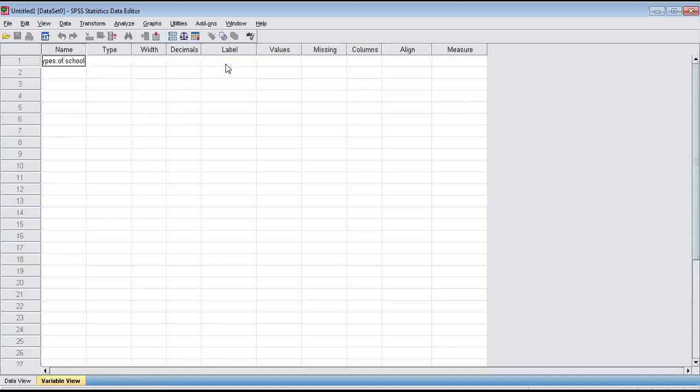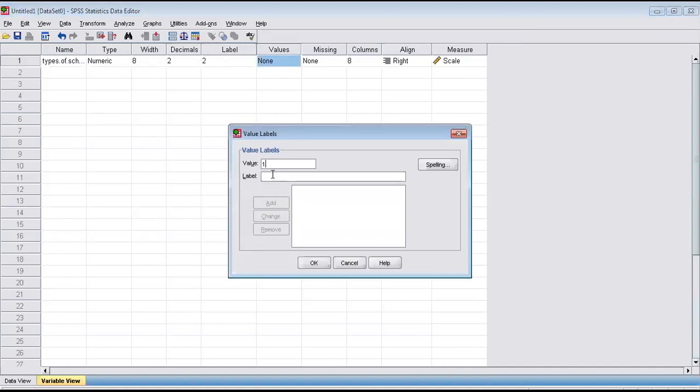And here I have taken only 2 types of school. And these types of school, if I say one, the government school, and another I say the private school, and I have already told you that it is your choice whether you want to write government first or the private first.